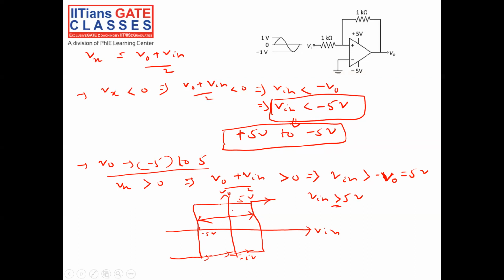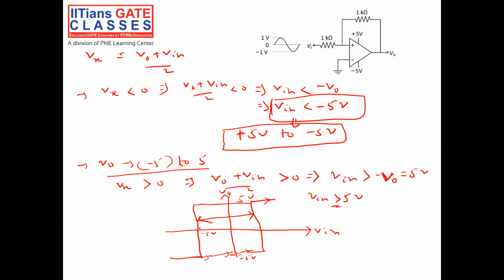So I'm summarizing what is happening. My output will stay at +5 volt. When my input goes a little less than -5 volt, my output will switch from +5 to -5. Again, my output will stay at -5.